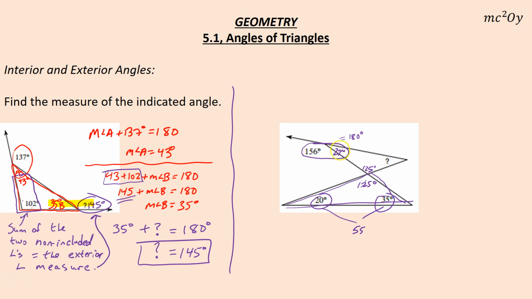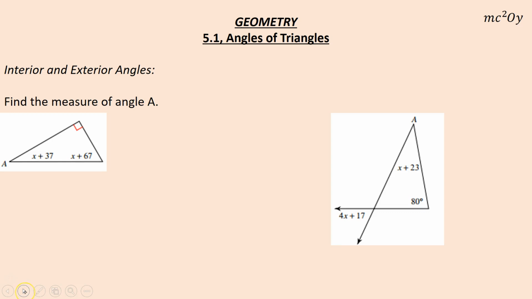And now I know that 24, 125, and something is 180, or 24 plus 125, which is 149. 180 minus 149 is that angle right there. That is 31 degrees. All right. There we got it. So it's almost like a little puzzle, you know? Okay, 2 more problems and we call it good here.